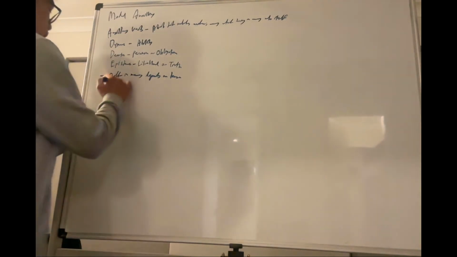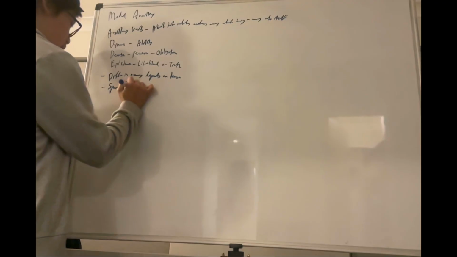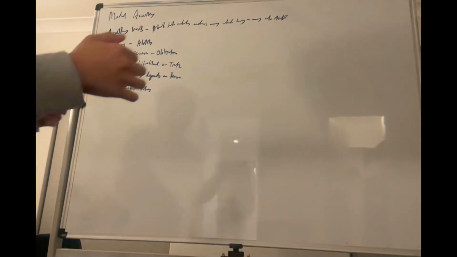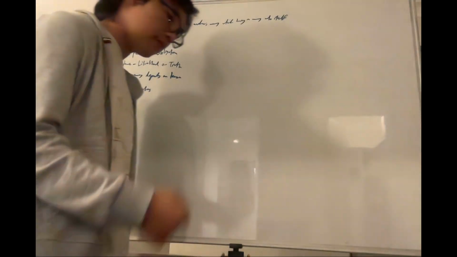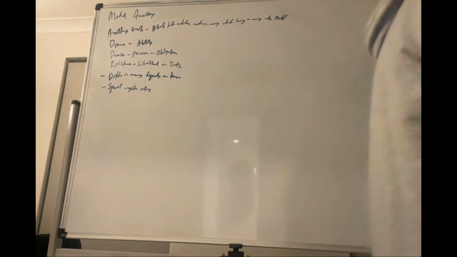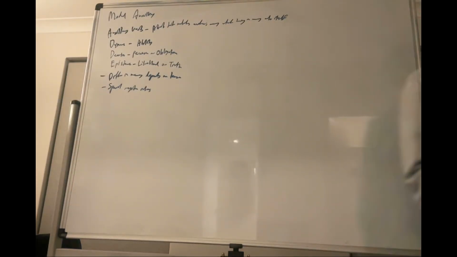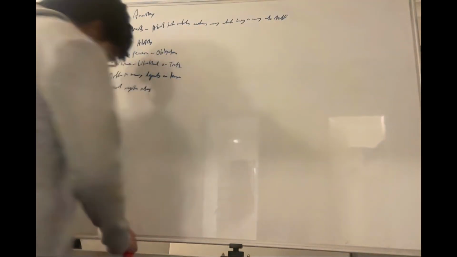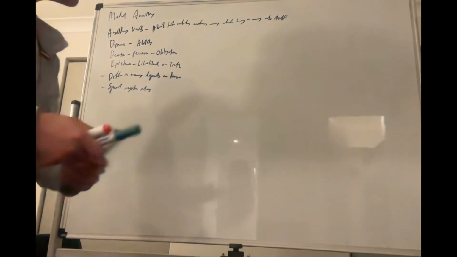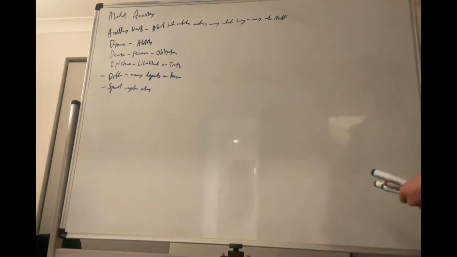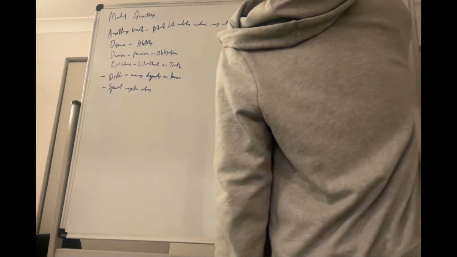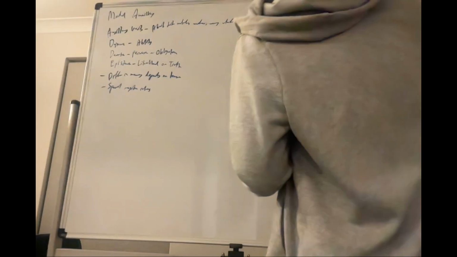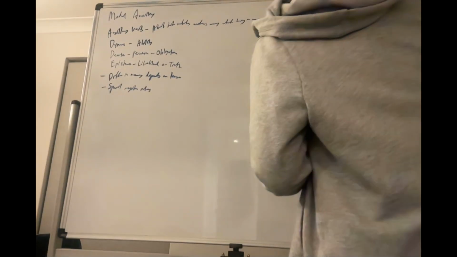And they have special negation rules. So every modal auxiliary fundamentally has a problem with negation, right? Let's say we have a statement, something like, bees can fly.